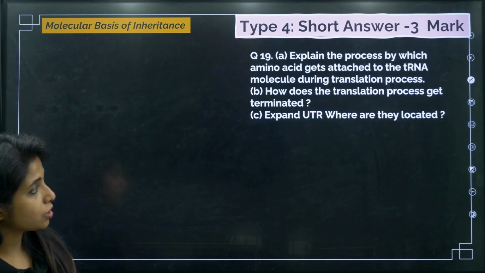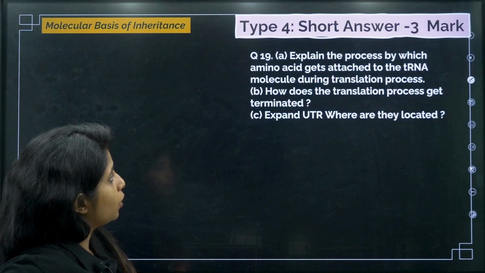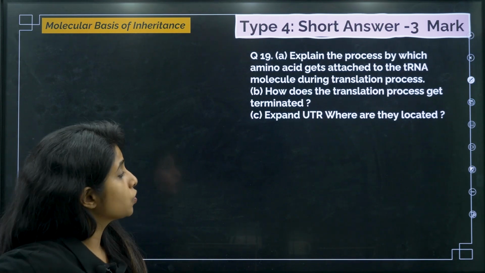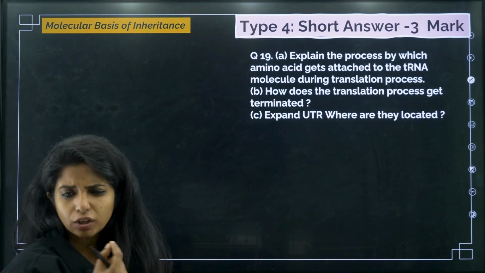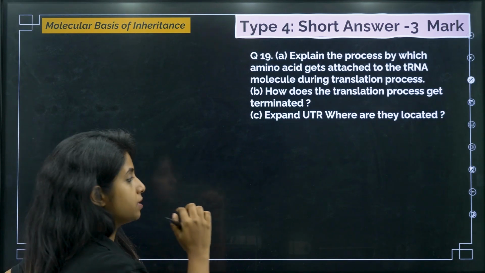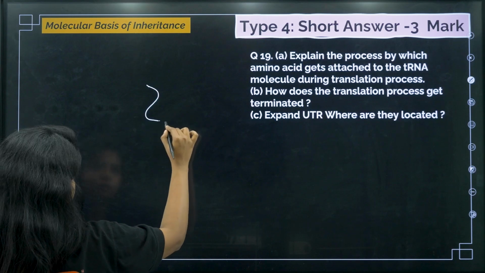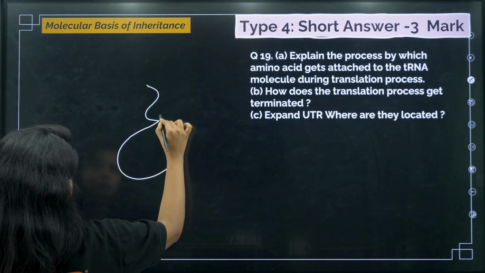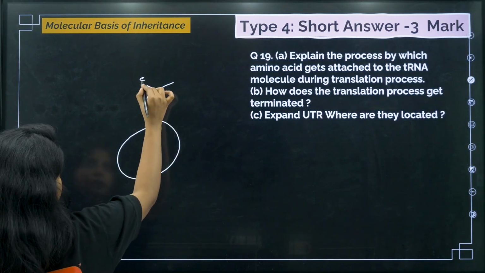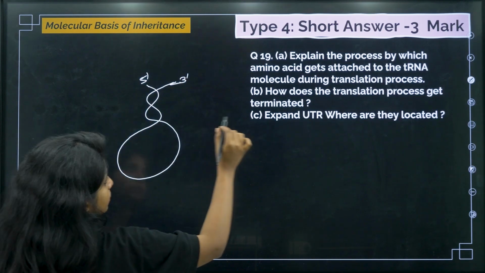Going ahead, the 19th question. Explain the process by which an amino acid gets attached to the tRNA molecule during the translation process. So this is 1 mark, 1 mark, 1 mark, so we just need to put a little explanation. The tRNA has a 5' end and a 3' end.